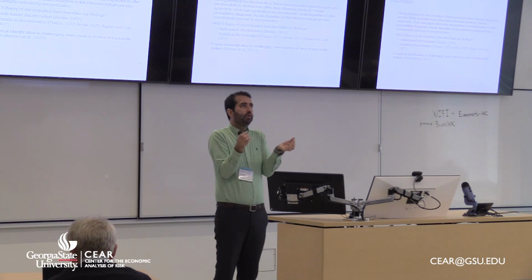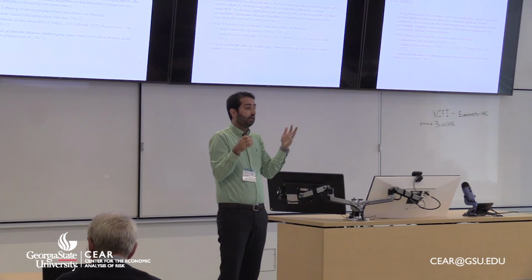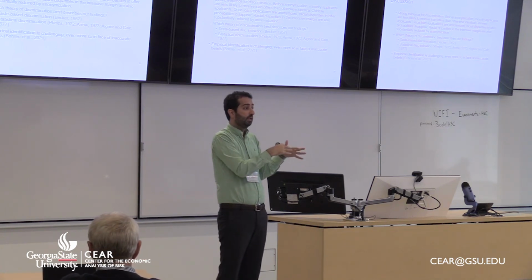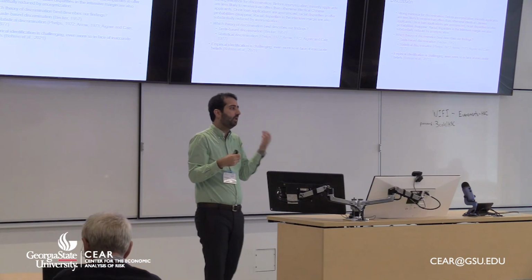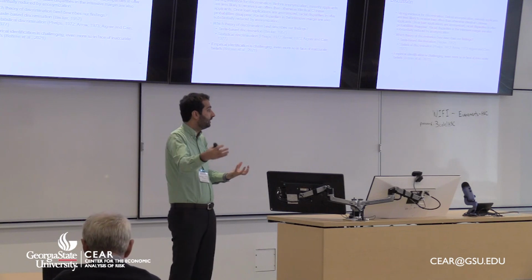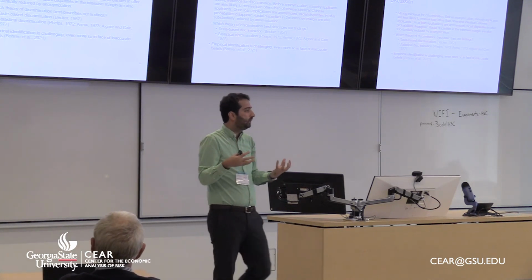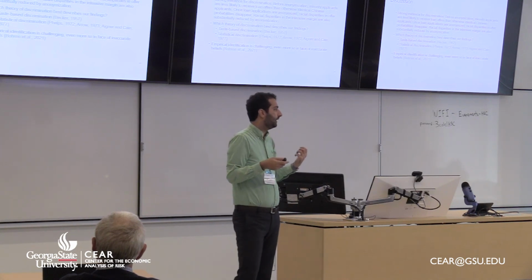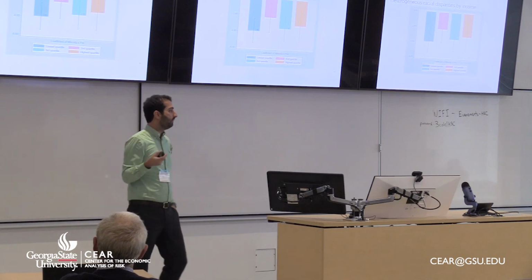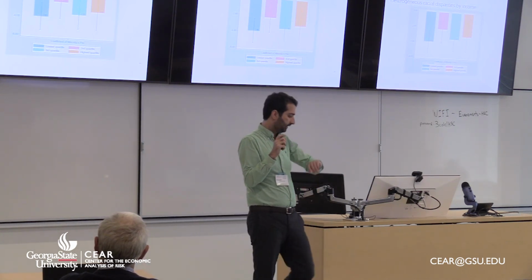For those of you who don't know, taste-based discrimination is basically that I don't get utility from lending to certain applicants. Statistical discrimination is saying that race is information about the quality of the applicant. It is important to differentiate between these two because the policy implications are going to be different. We also do some heterogeneity analysis, and I'm going to show you a few other things that we do.